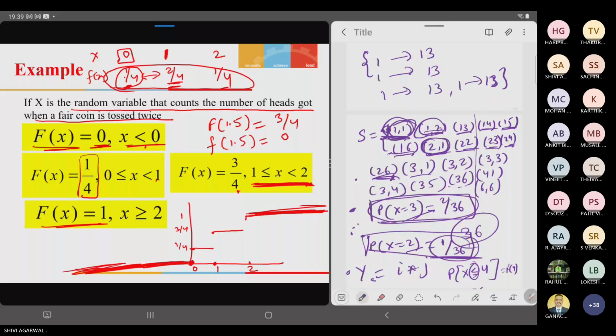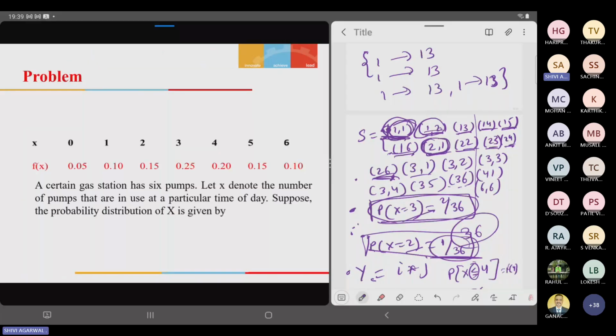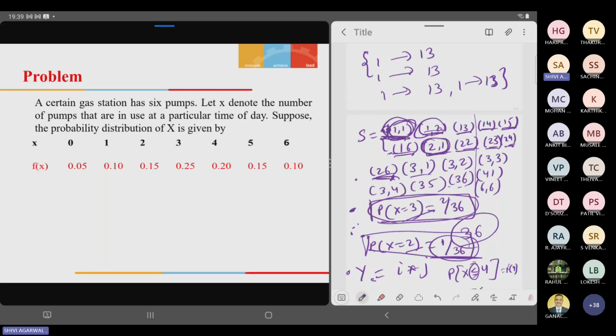One more example. A certain gas station has 6 pumps. Let X denote the number of pumps that are in use at a particular time of day. They are not using all of them at all times. Suppose the probability distribution of X is given here as 0, 1, 2, 3, 4, 5, 6.